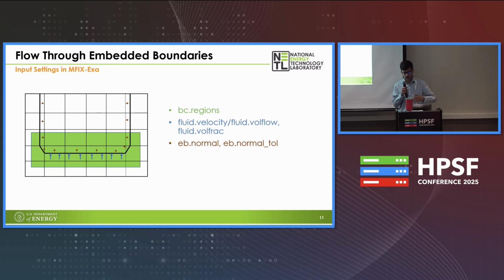In the case of two-phase simulations, I also have an option of specifying a solids volume fraction, and in that case, I get particle-laden jets coming in from the bottom. As you can see, I don't want flow coming from the sides, so I also specify a normal and a tolerance. That just makes the code not impose any inflow on cells which don't have the normal that I've specified.